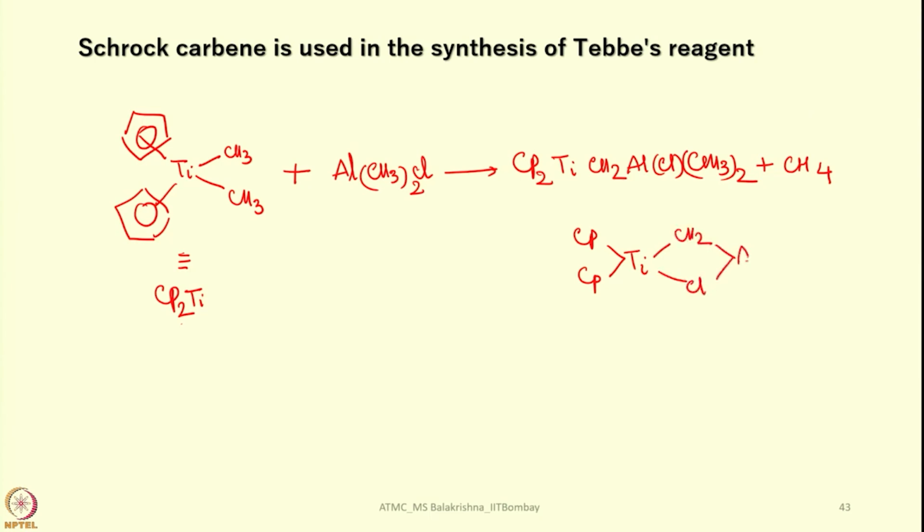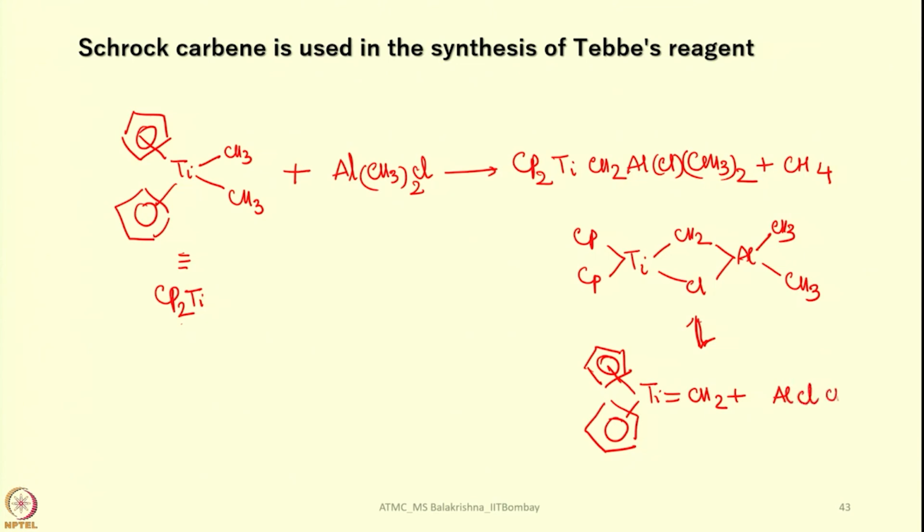This readily detaches the aluminum fragment to give the titanium methylidene species, plus here what you get is half an equivalent of the AlMe2Cl dimer. So, this is called the Tebbe reagent.